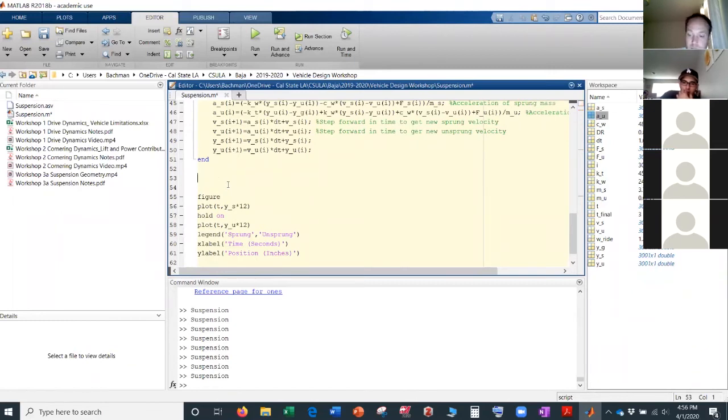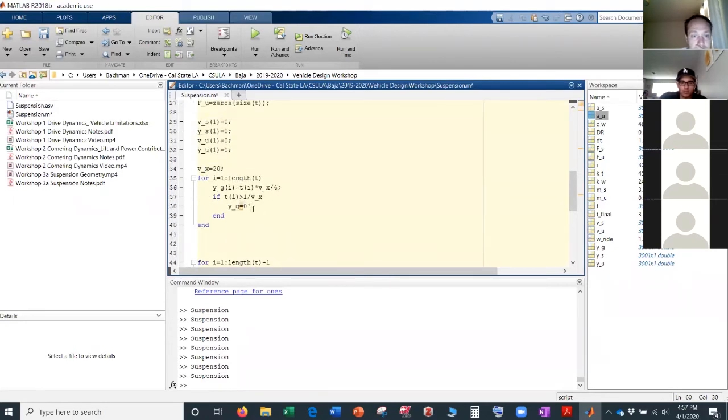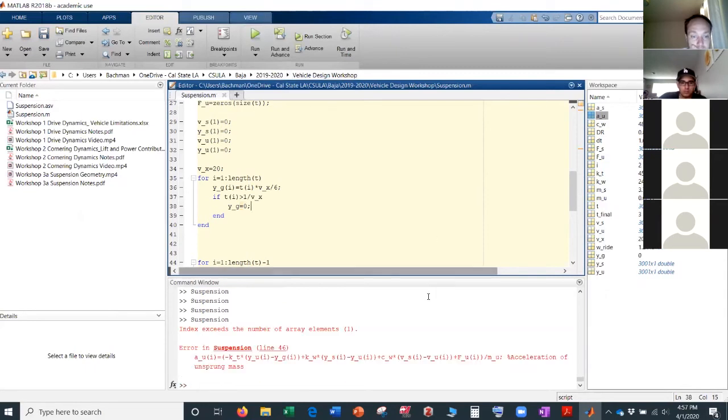I guess we can also plot y of the ground too. Yeah, no apostrophe. All right, I'm sure I messed something up here.